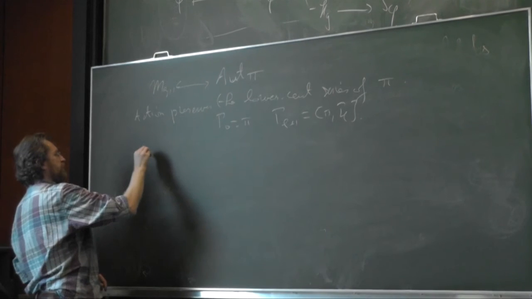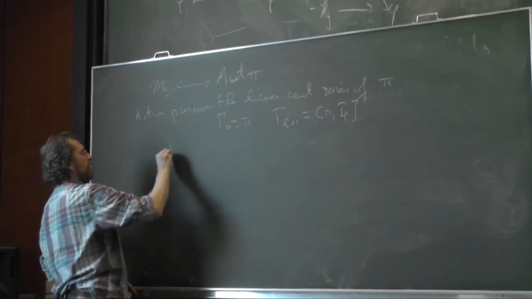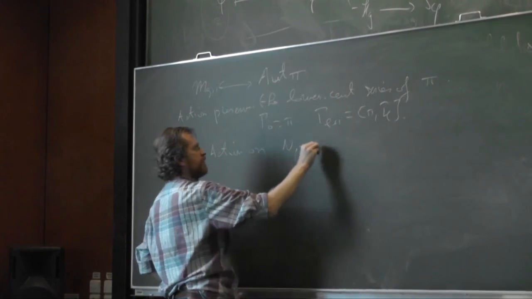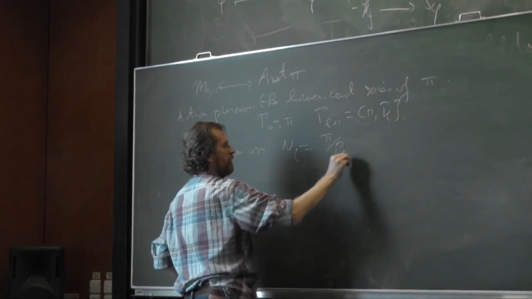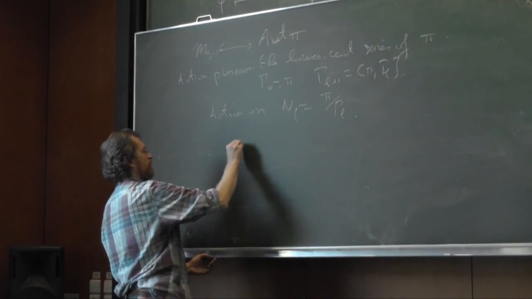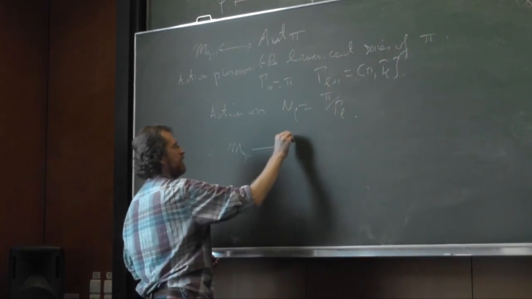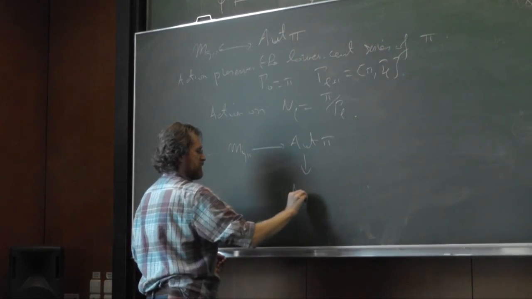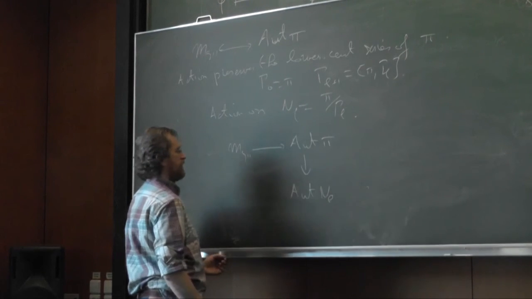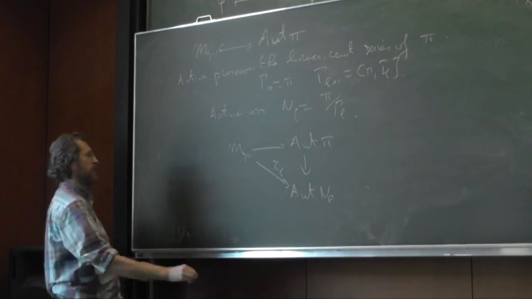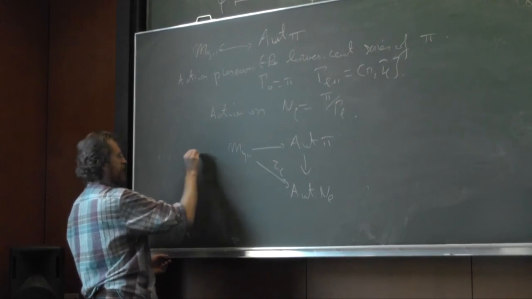And so we have an action on the nilpotent quotients, pi out of gamma L. This is sometimes known as the Johnson map, and I just take the kernel of this map.